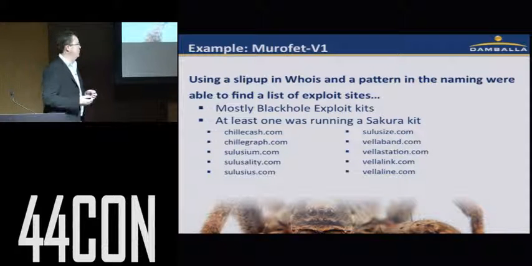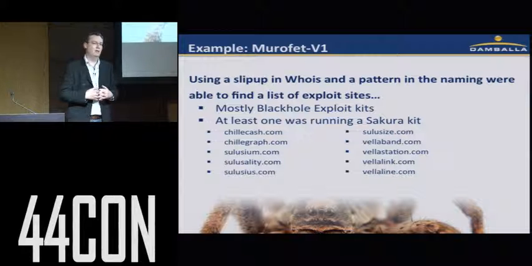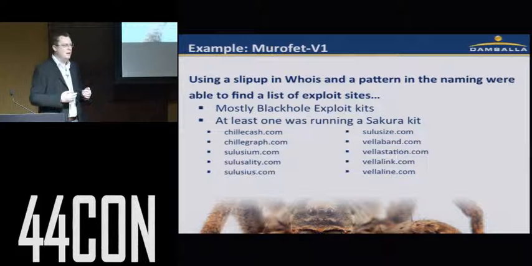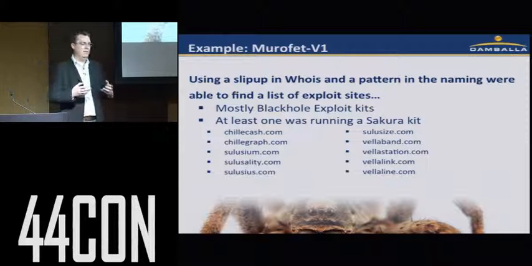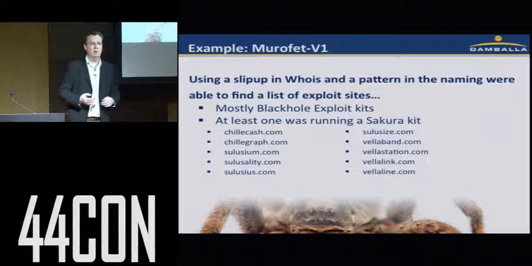In this example, what I thought was interesting was that the bad guys had screwed up their whois information. Yes, they were using fake data to register the domain names, but they were using the same-ish fake data across multiple registrations. More importantly, they had their command and control servers using the DGAs, and they reused some of the credentials from how they registered those domain names for their distribution, their drive-by download parts.